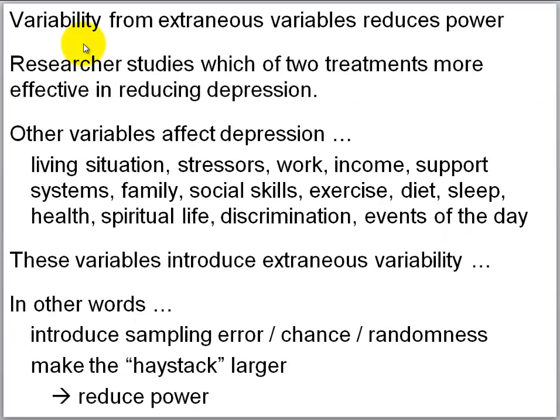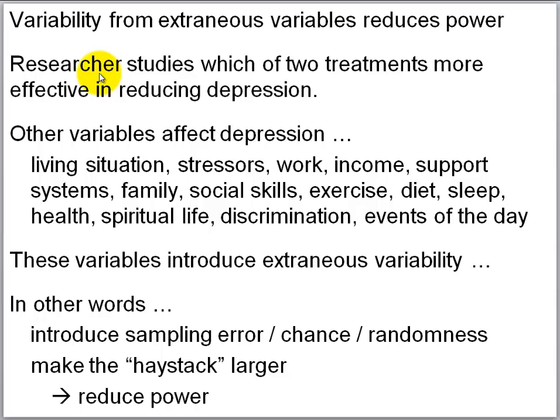Now the next one is almost counterintuitive to the notion that reduced variability reduces power. But the idea here is that variability from extraneous variables can reduce power. Suppose that a researcher is studying which of two treatments is more effective in reducing depression. There may well be a treatment effect.